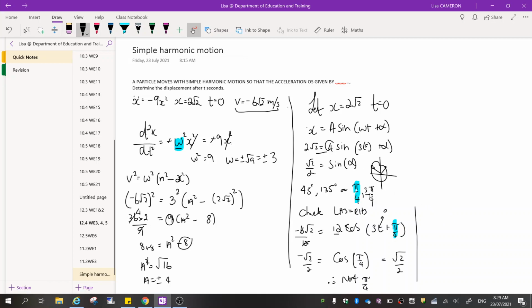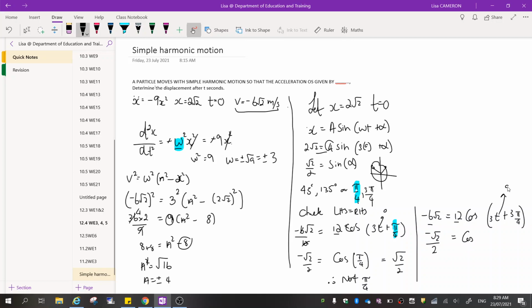We're going to check this one, 3 pi on 4. So minus 6 root 2 is equal to 12 cos, bracket 3t plus 3 pi on 4. Again, take this over first, and I'm going to end up with minus root 2 over 2 is equal to cos.